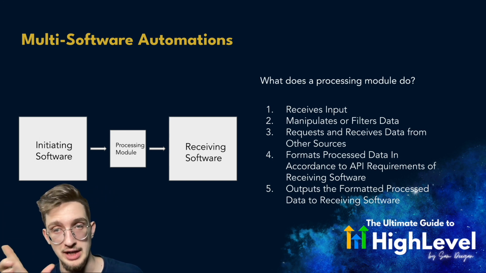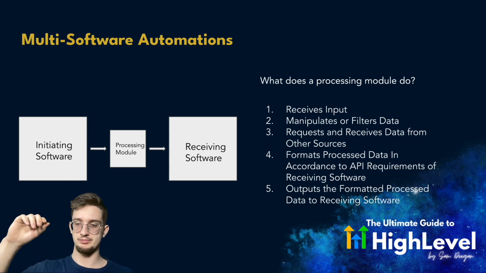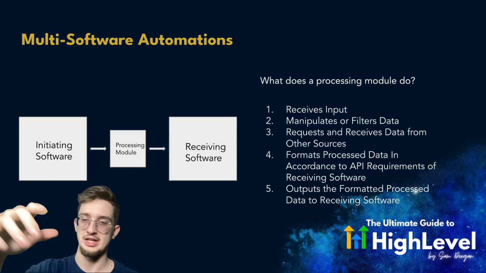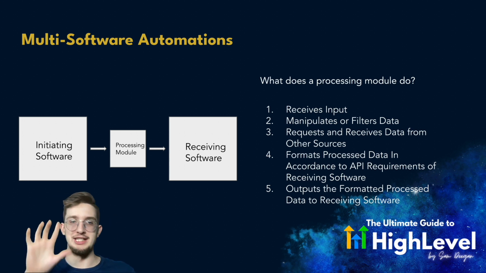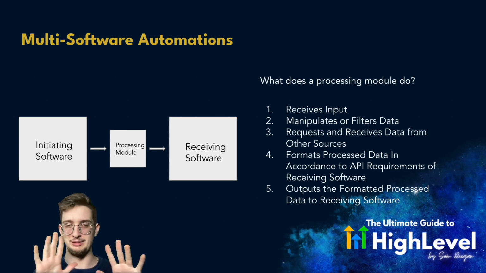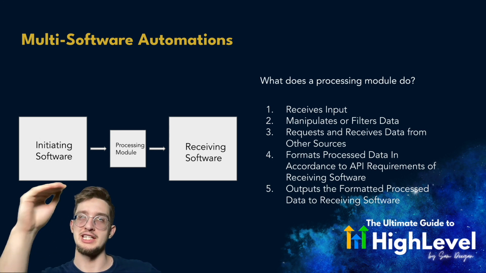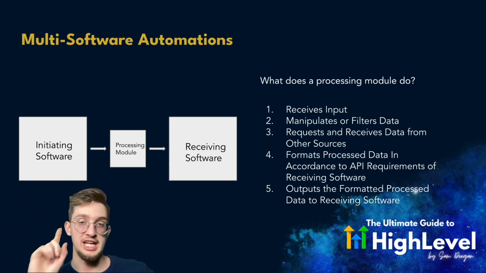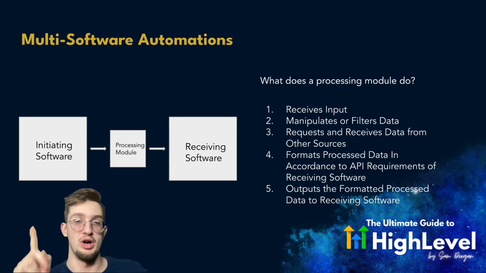I know that's a little bit abstract, but bear with me. You can also filter data. Let's say there are 10 possible values that could be sent from HighLevel over to Zapier. This is super abstract, I'm sorry. And I have a filter in Zapier that says, only continue with the rest of the automation if the value that's sent from HighLevel is 1.